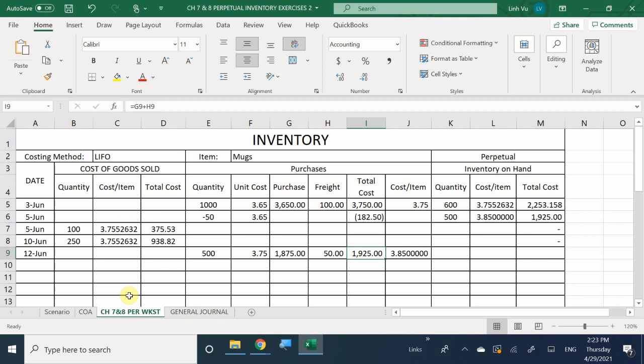So how are we going to calculate our refund for the 100 mugs? Take it out of our inventory. Well, first off, how much is it going to cost me per mug?